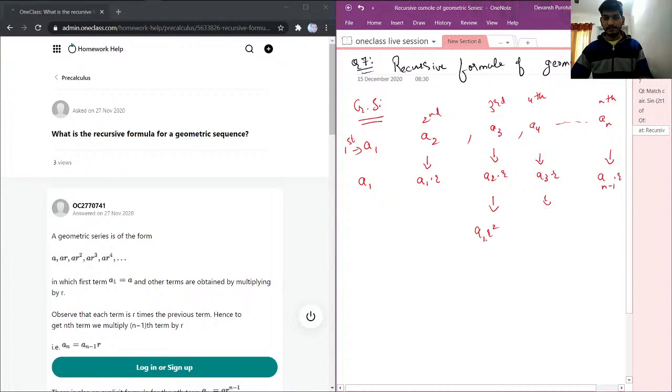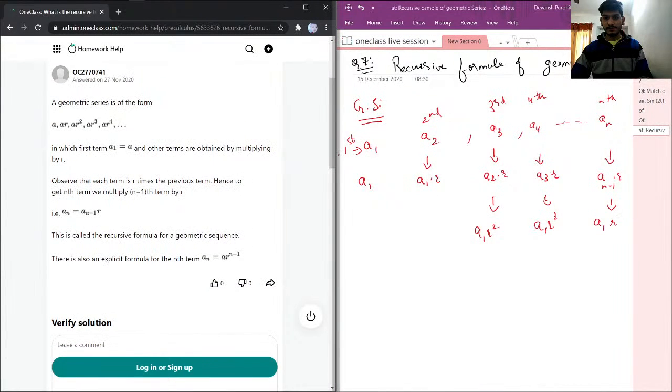Now if I put the value of A3, which is A1 r square, the next term will be A1 r cube. And for An, the total power will become n minus 1, just cross check.